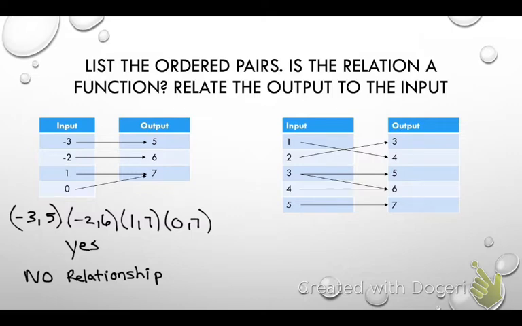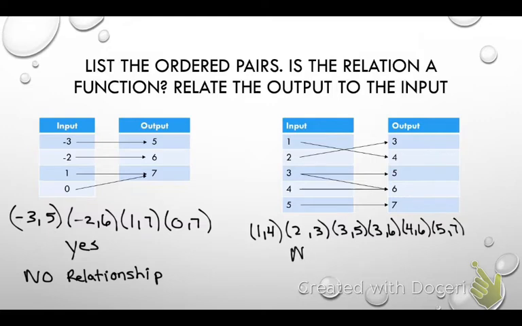All right, let's look at the second set. Let's say the ordered pairs together. 1, 4. What's the next one? 2, 3. 3, 5. 3, 6. 4, 6. And 5, 7. Is it a function? No. And on your quiz yesterday, some of you lost points because you only said no, or because you said no, each input has to have one output, but you didn't say which one it was.